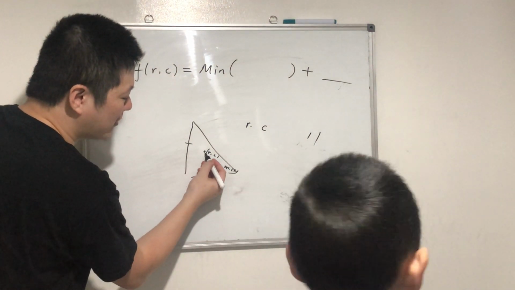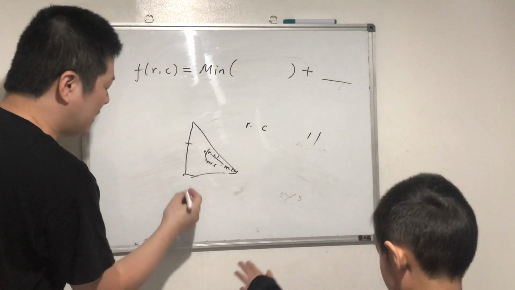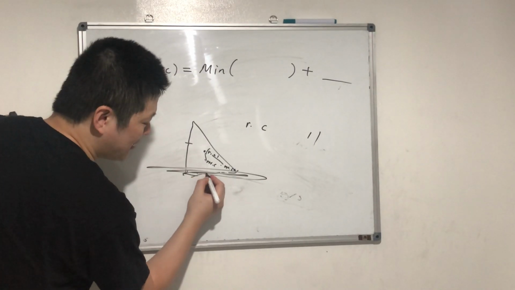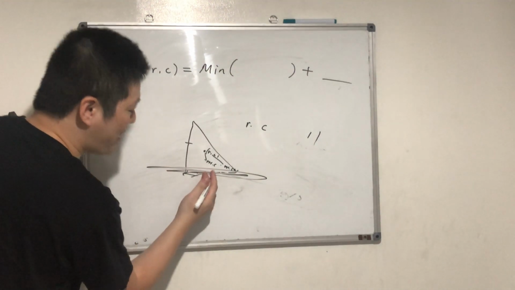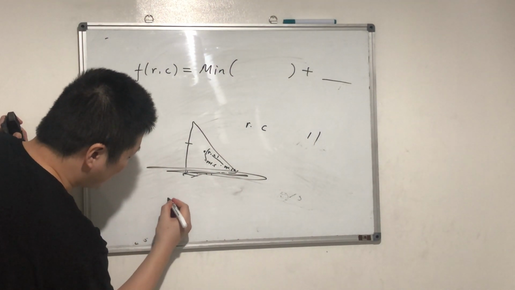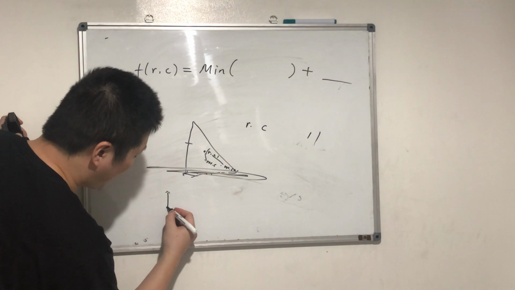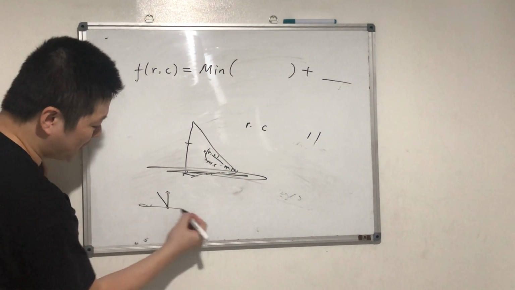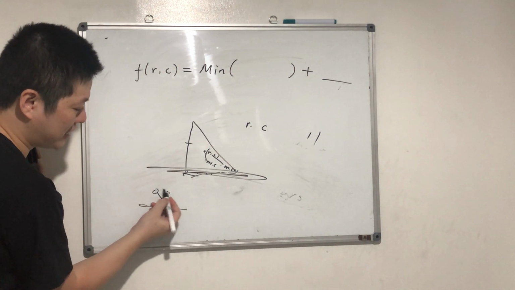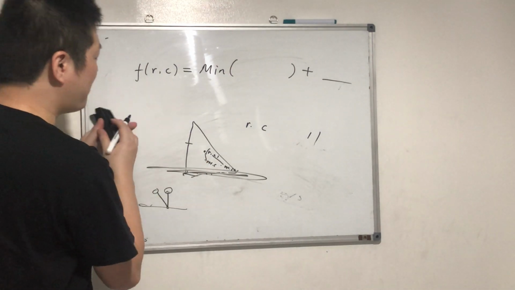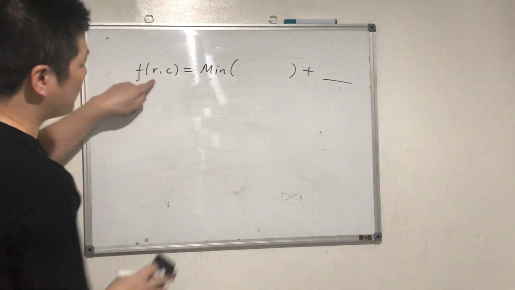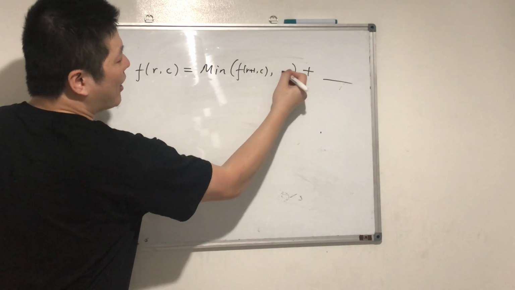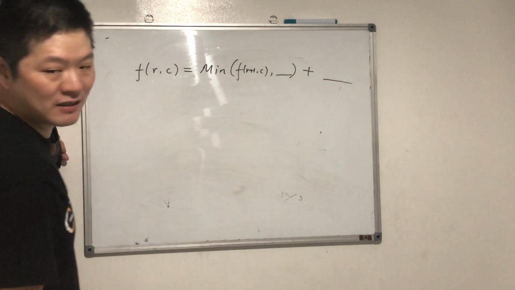Because it can only come from these positions. The starting point is at the last row, and it's like climbing, right? You can climb up or you can climb this way. So you can climb from the bottom upwards. You can have two positions, right? So the minimum at this point, R, C, could come from two positions, which are f(R+1, C) and f(R+1, C+1).